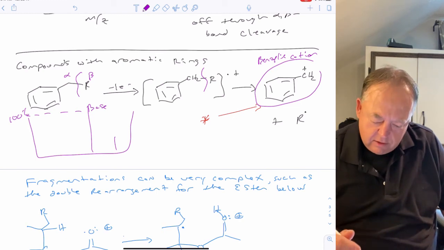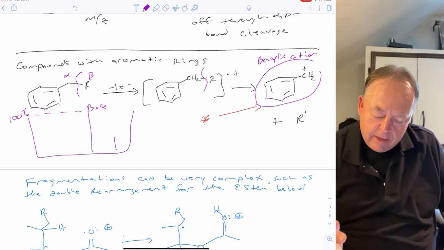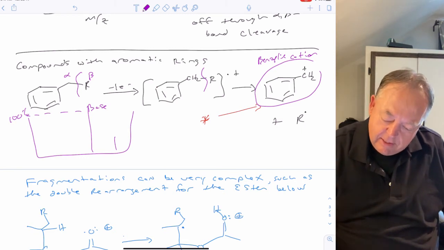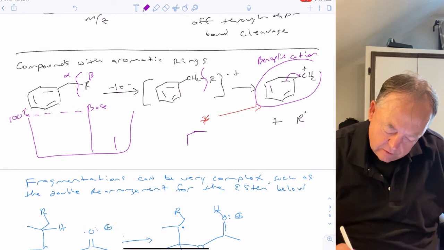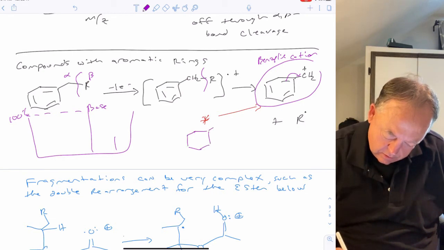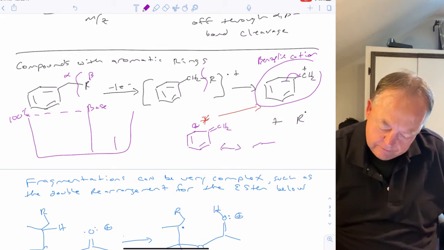That would typically be the largest peak if you have an aromatic compound, because the benzylic cation is very stable, right? You can draw resonance structures of it, where you delocalize that positive charge into the benzene ring.